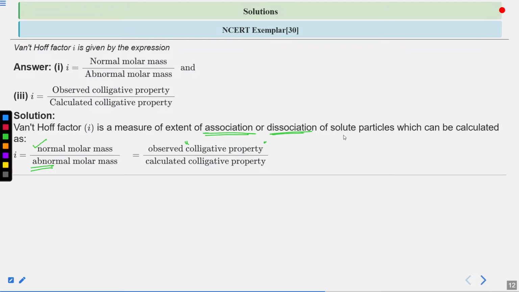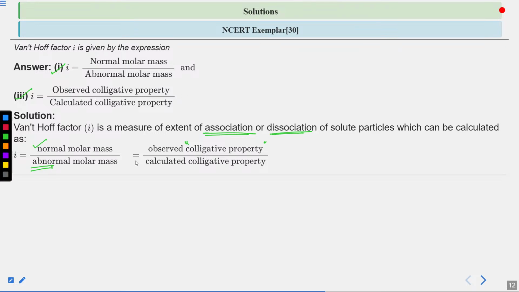When the solute particles associate or dissociate, the extent of that is determined by the Van't Hoff factor, which you can express mathematically as i equals normal molar mass upon abnormal molar mass, or observed colligative property upon calculated colligative property. So options first and third are both correct answers for this question.